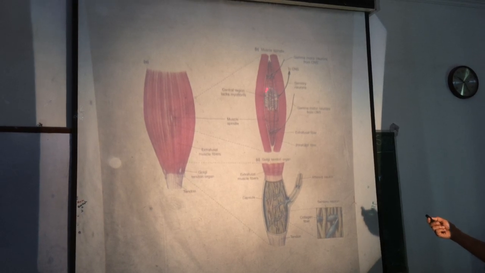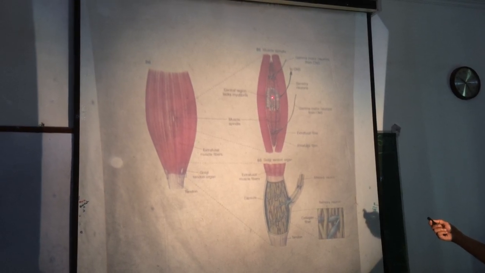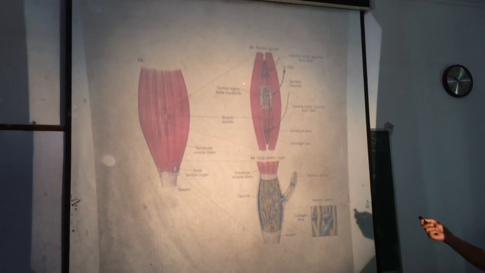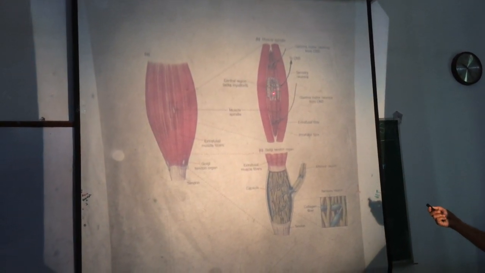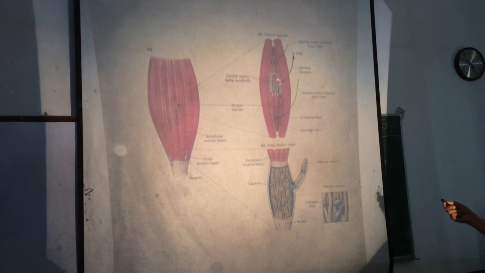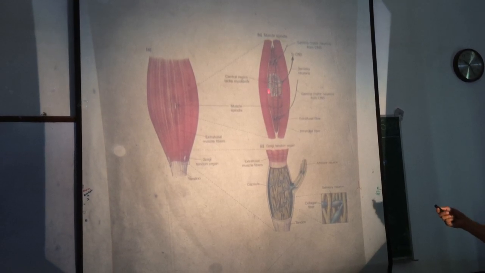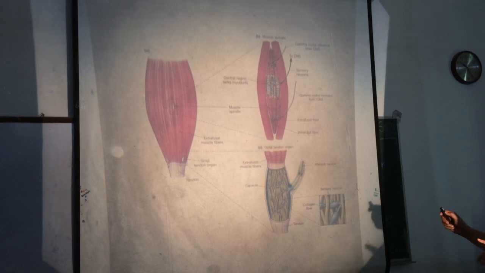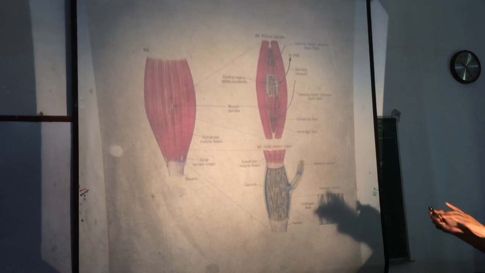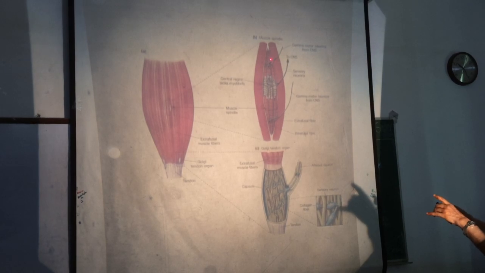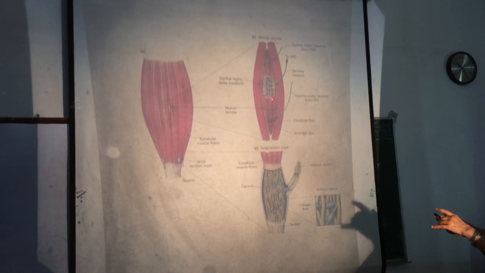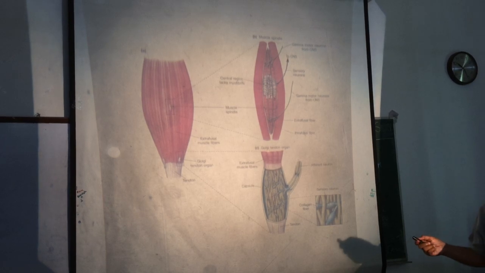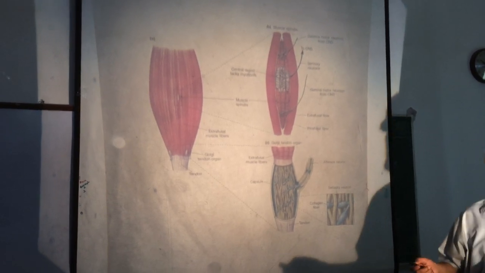In the central portion of the intrafusal fibers, there is no actin and myosin, so the center portion is non-contractile. End portions are contractile, and the center portion is without the contractile elements, actin and myosin filaments.